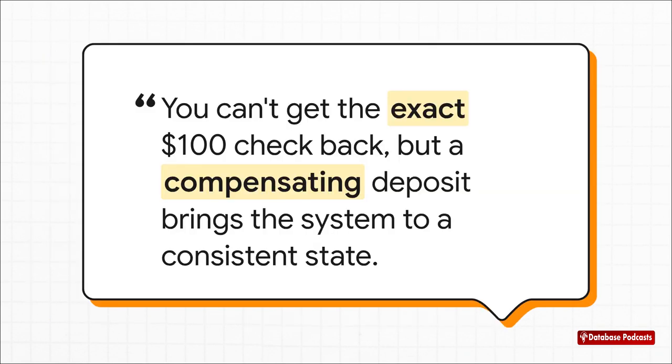This quote on the screen is honestly the perfect analogy. You can't get that exact same physical check back, that moment in time is gone forever. But you can get a compensating deposit of $100 that brings your account back to a consistent state. The end result is the same from a business point of view, even if the history of how you got there is different. That is the essence of compensation.